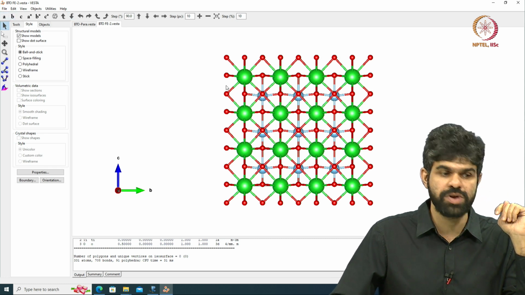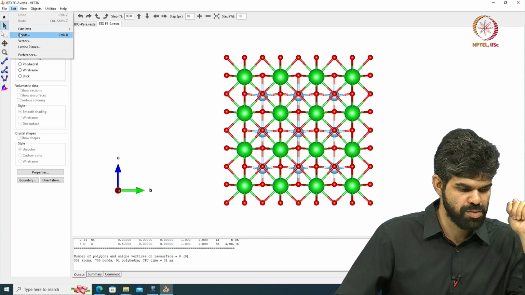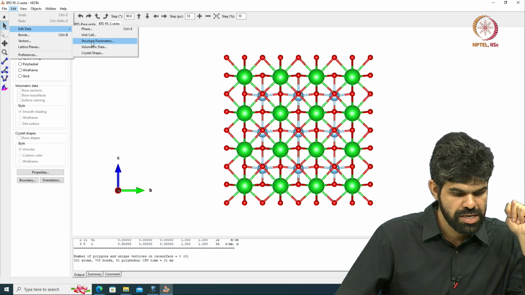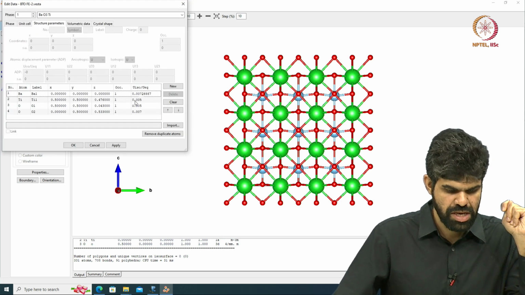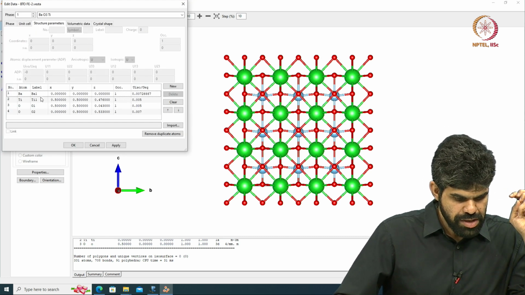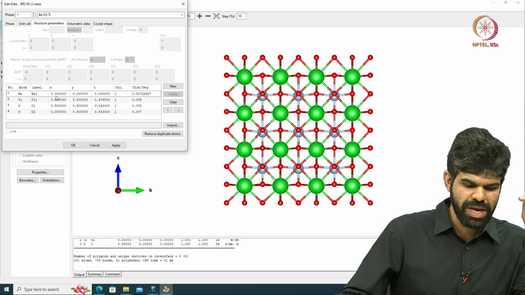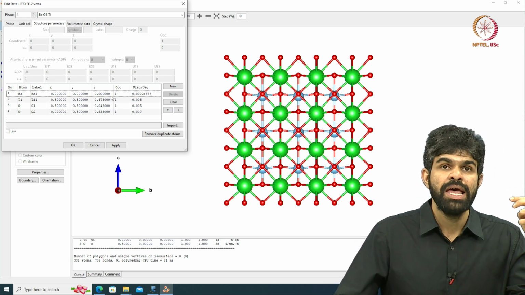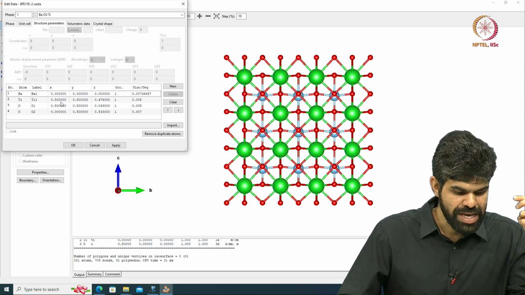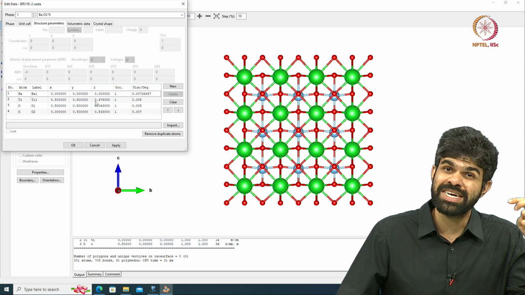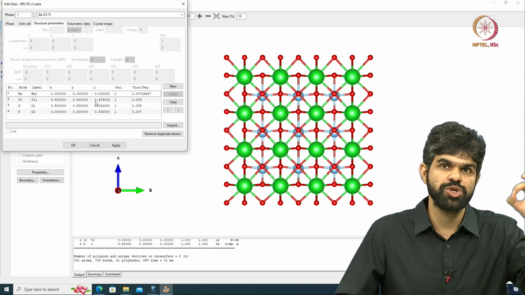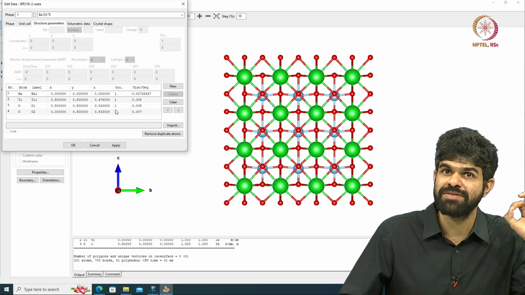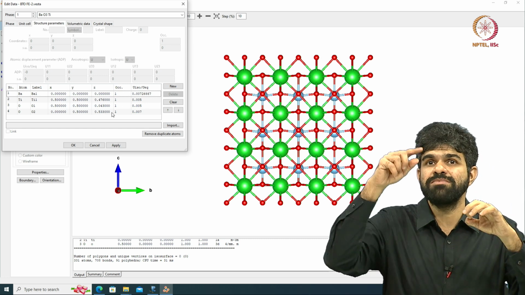And titanium has moved, just to see where titanium has moved, you can see that from structural parameters. So, here again we are back to barium being my origin, this is what I defined. So barium is the origin 0 0 0. Titanium is 0.5, but along the z axis it is not 0.5, it is supposed to be at 0.5, but it is at 0.476 times the c axis, right.